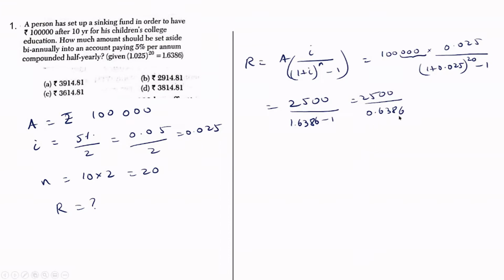Now we have to divide this. This is the only thing which will take some time, so it is better if we practice division. So here we have 0.6386. I am adding 4 more zeros to remove the decimal point, divided by 6386. Here we have 25, 6 4s are 24, but then it will be more. So let us take 3 here.